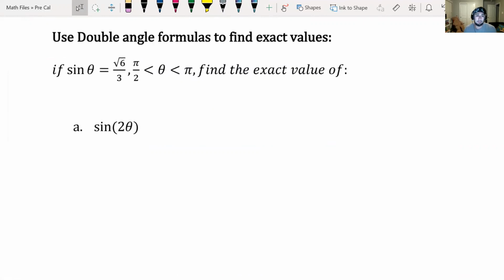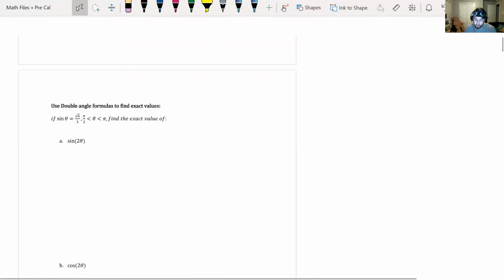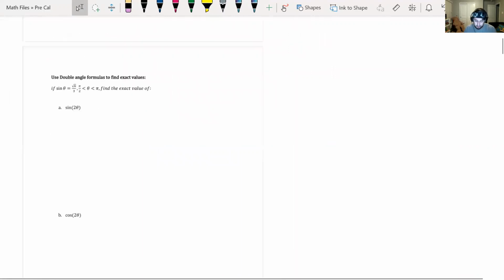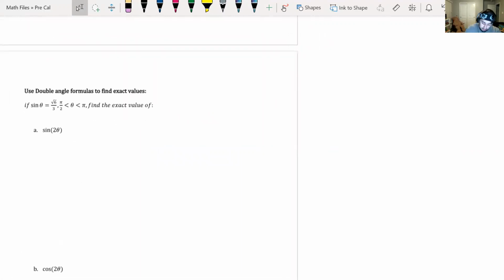So let's go ahead and find the exact values of our given trig expressions using double angles. We are given sine of theta is equal to the square root of 6 over 3, and theta is stuck between pi over 2 and pi. So the first thing we want to do is draw our quadrant, and this will relate to both problems.